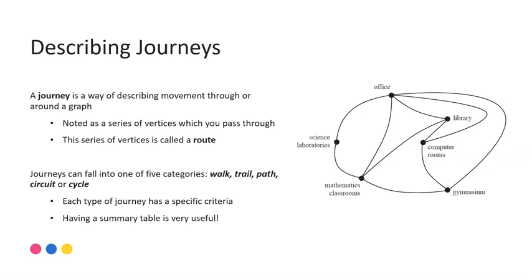Each of those types of journeys has a specific criteria that we're going to have a look at now, and it can be really useful to have a summary table to help you identify the key features and the absolute musts and the absolute must nots for each of those types of journeys.